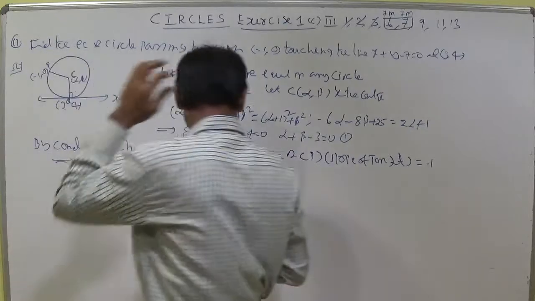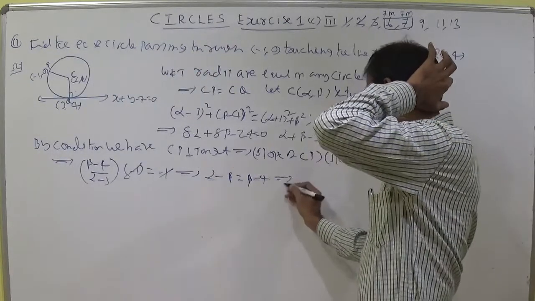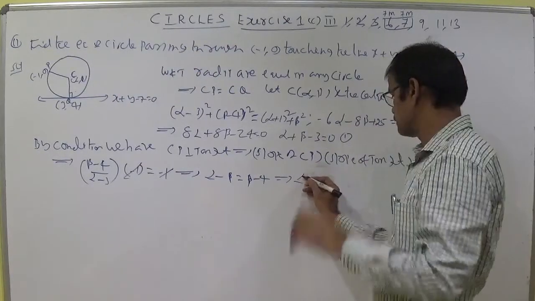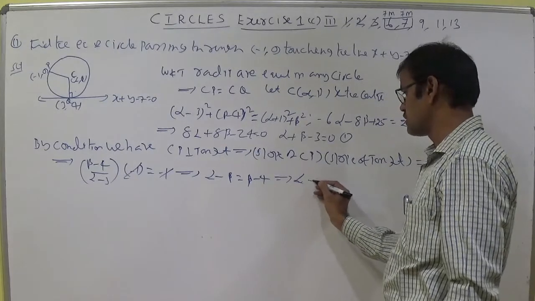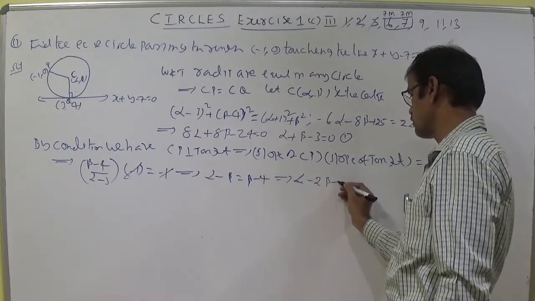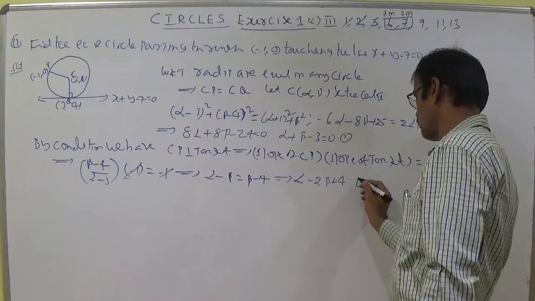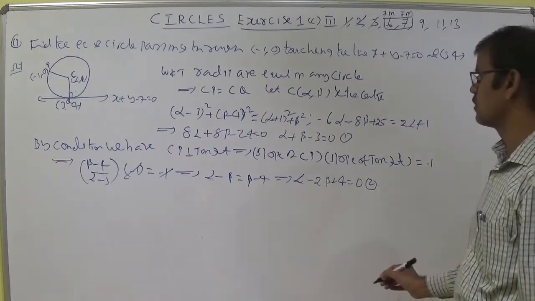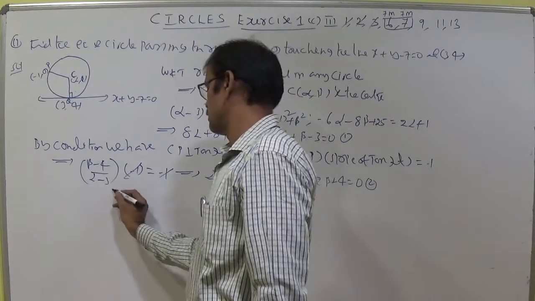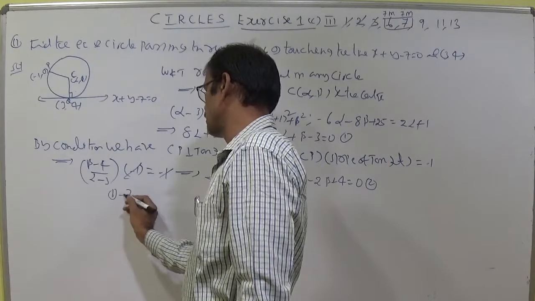Taking that one to this side: alpha minus beta plus 1 equal to 0. Solving 1 and 2, simply I am writing 1 plus 2.